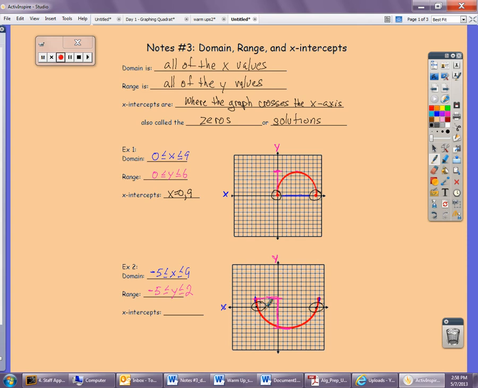So it's in between negative 4 and negative 5, so we're going to say one x-intercept is negative 4.5. And on the other side, it's in between 8 and 9, so we're going to say that's 8.5. So we have our two x-intercepts of negative 4.5 and 8.5.